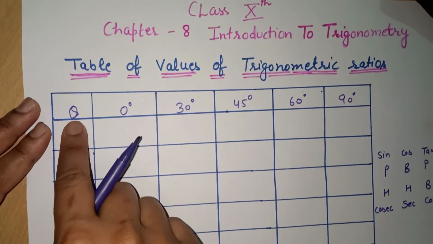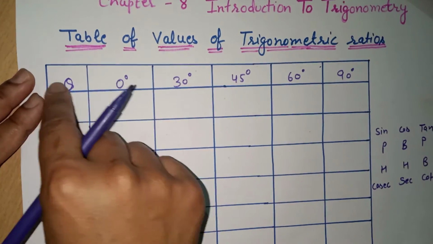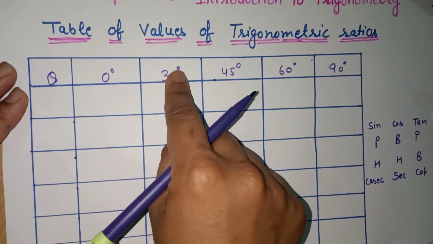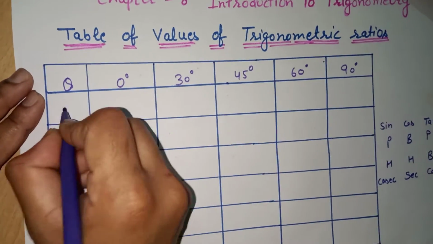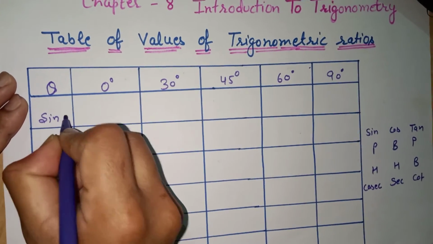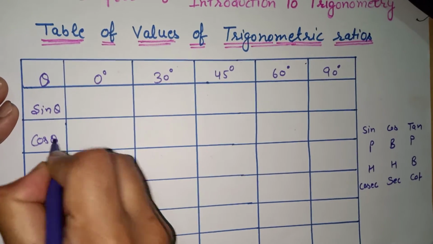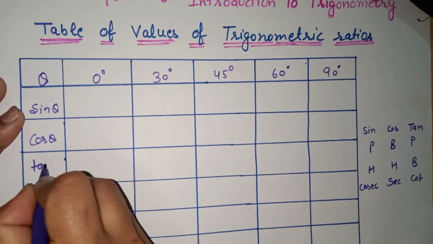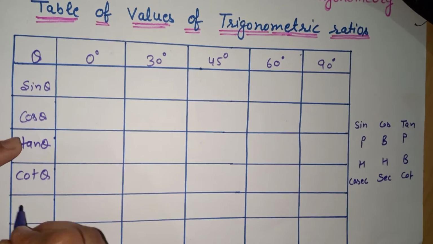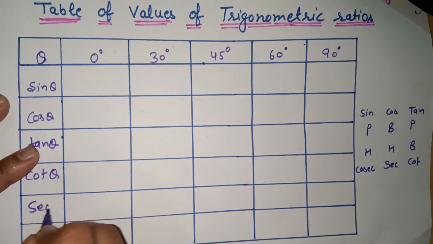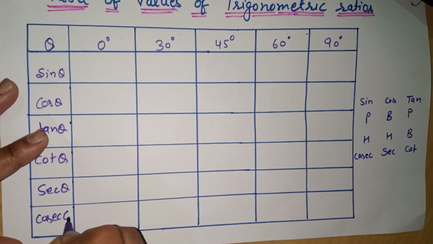So first of all we will write the 6 trigonometric ratios here, and we will also write the different values of angle theta. So let's write sin theta, cos theta, tan theta, cot theta, secant theta and cosecant theta.